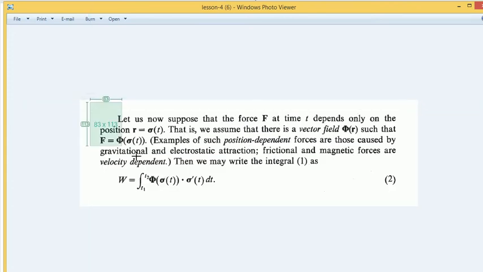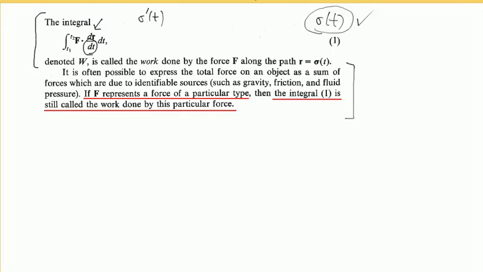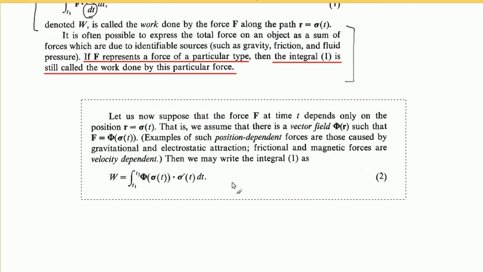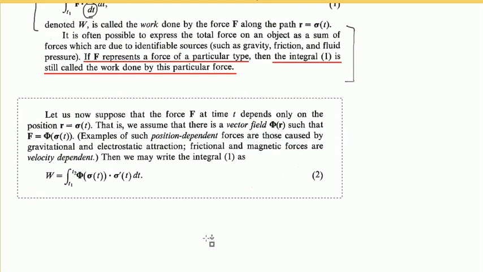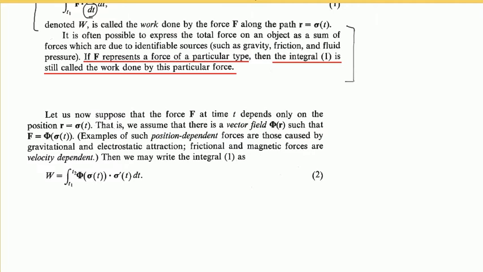Now this one changes notation once again. So what has changed? They kept the sigma prime t there, right? But F is replaced by capital Phi. That's a Greek letter. This is the spherical coordinate little phi, right? And that's a capital Phi, the capital letter of that Greek letter. So what is the name of this capital Phi?